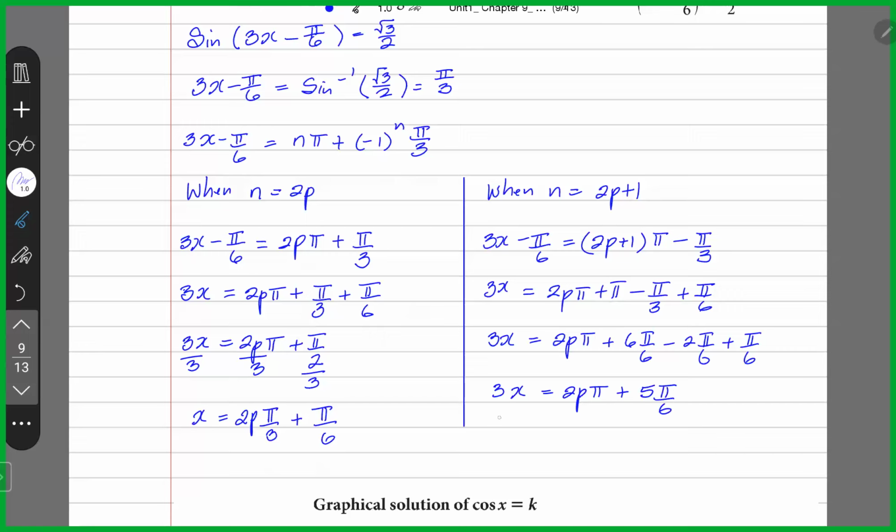If I divide the entire equation now by 3, I'm going to get x is equal to 2p pi by 3 plus 5 pi by 18. And of course, pi by 18 is 10 degrees, so 5 pi by 18 would be 50 degrees.